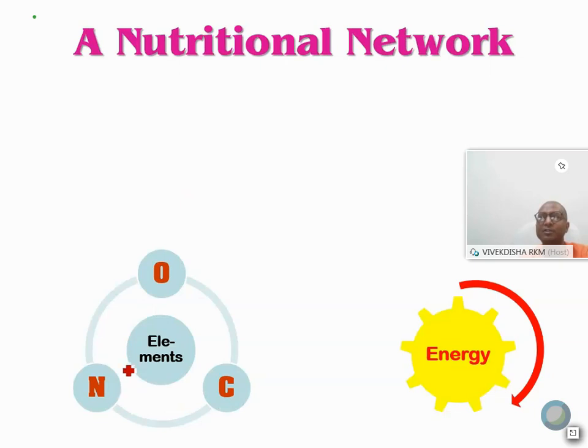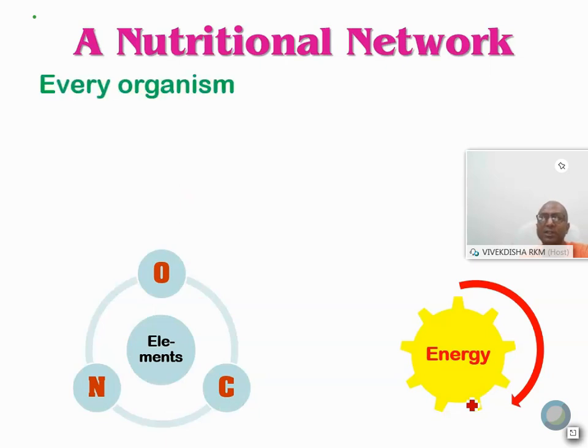Carbon, hydrogen, oxygen or nitrogen, all these are elements, and it is written in a cycle. And also partly energy, partly in a cycle, but energy is mentioned. It is not fully circular, but more or less circular, so to say. So on these two wheels, the nutritional network is moving on.